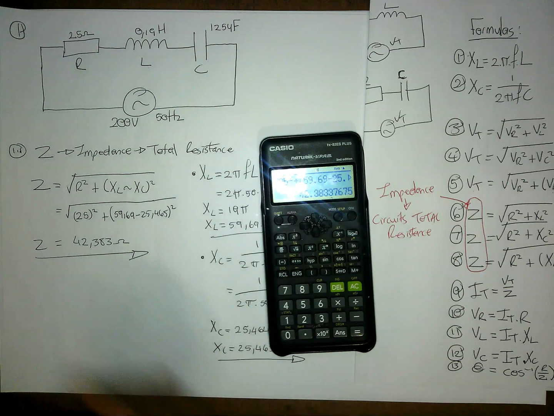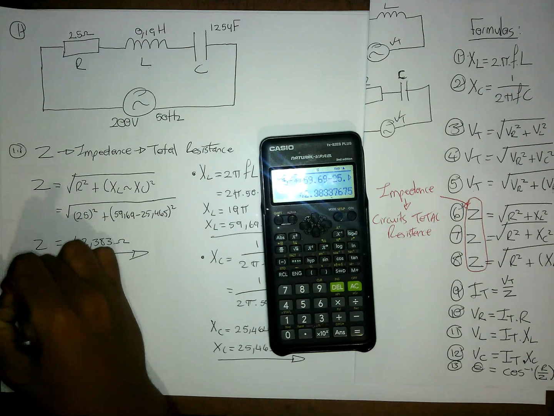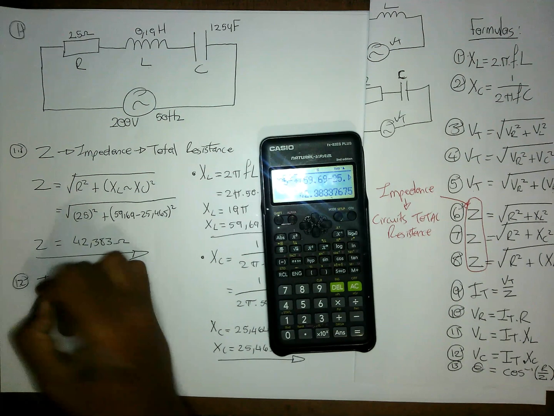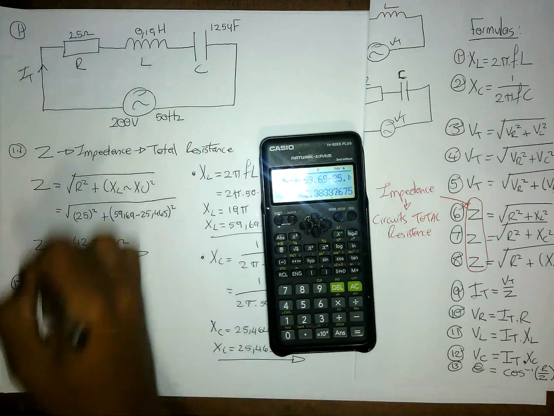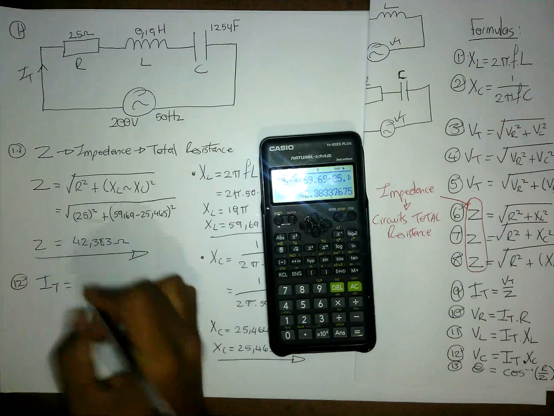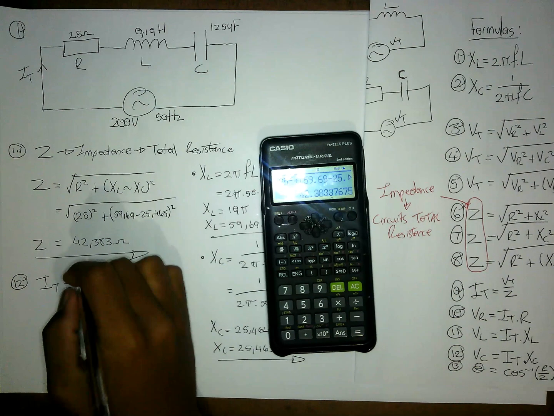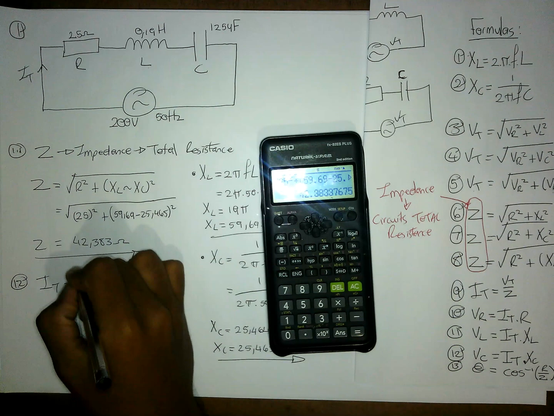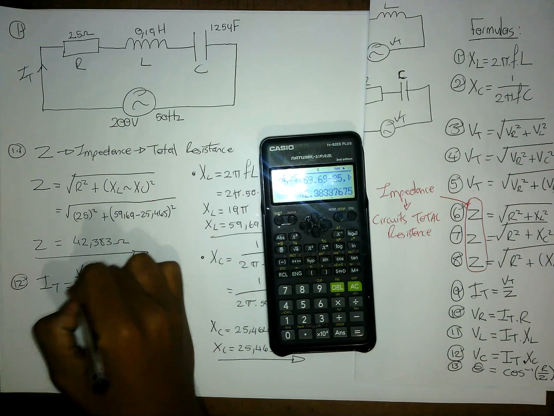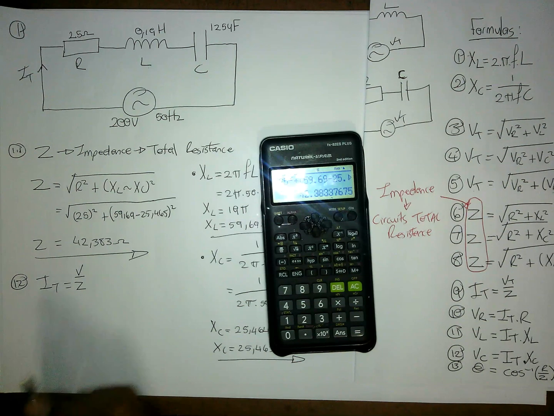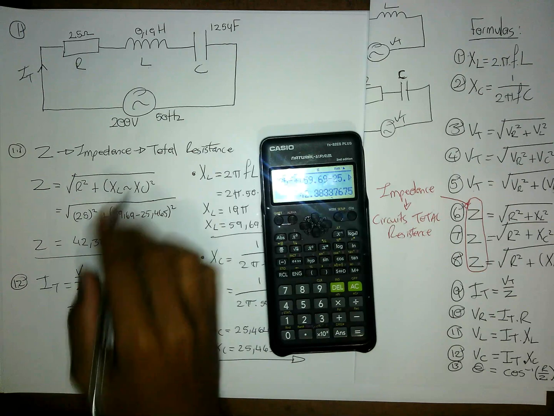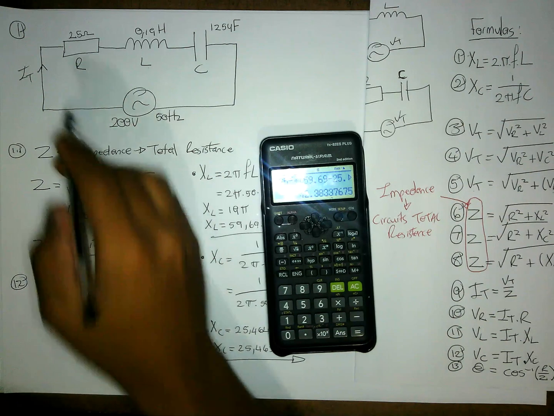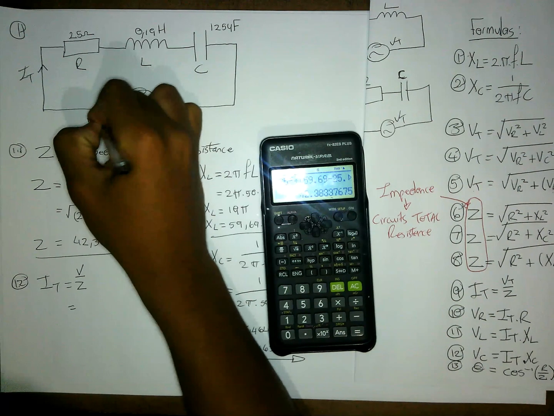Then they ask for the current, the total current. So I total equals, this is Ohm's law, V over Z, V over R basically, right? My voltage is 200 over there. This 200 is my V total.